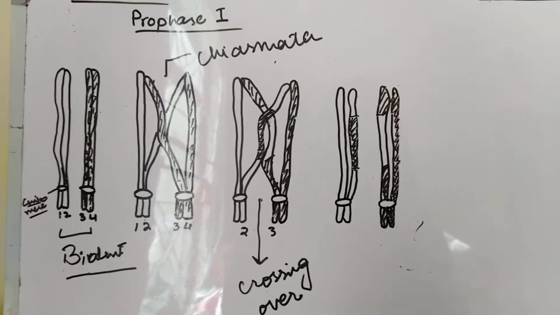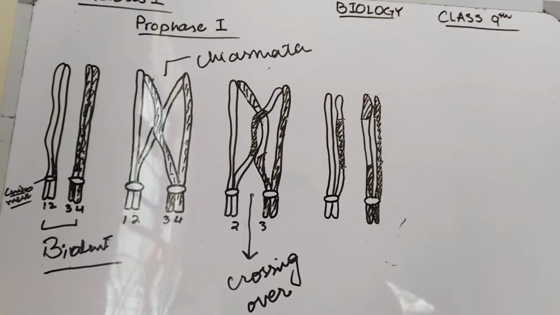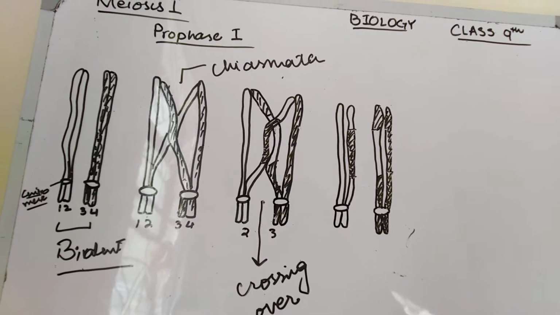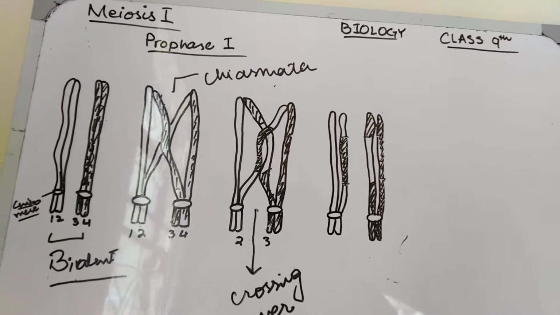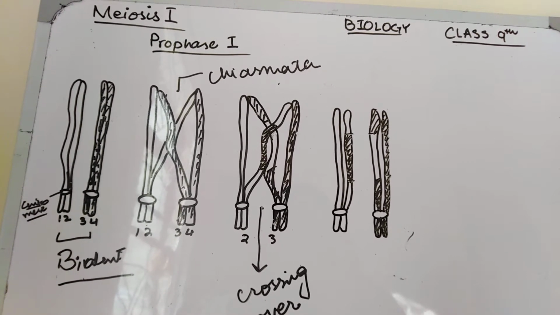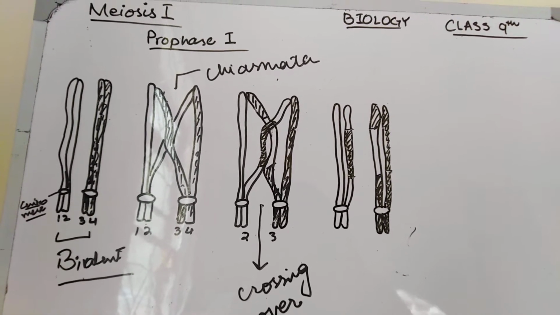That's why we are different from our parents. As we have already studied about sexual and asexual reproduction in class 7 or 8, in asexual reproduction or unicellular organisms there is no genetic recombination and no genetic variation. Parents and offspring are alike.